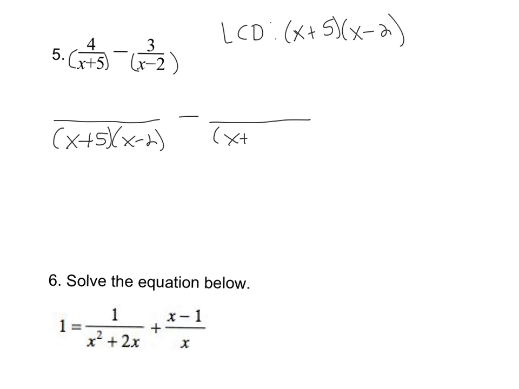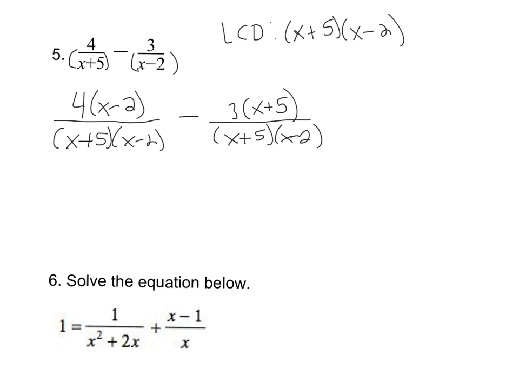So the first one has an x plus 5, but it doesn't have an x minus 2. So I'll multiply the top by x minus 2. The second one, very similarly, has a bottom of x minus 2, but it does not have this x plus 5. So I'll put the x plus 5 on the top.